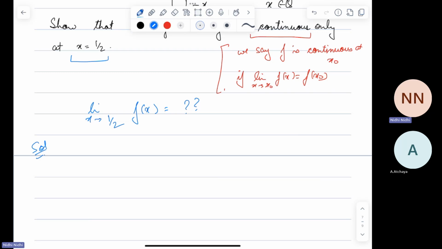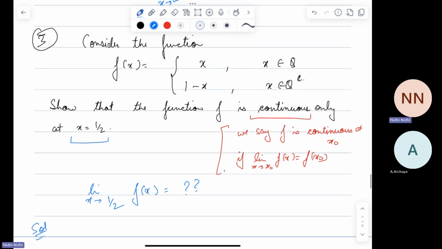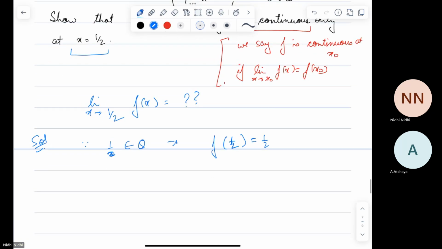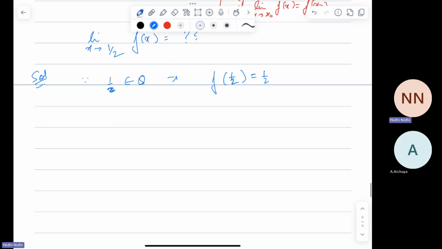We have, now since 1 by 2 is a rational number, this implies f at 1 by 2 will be 1 by 2. Now let's look at mod f(x) minus 1 by 2 for x lying in some neighborhood of 1 by 2.